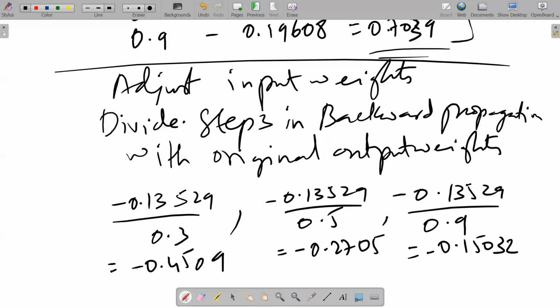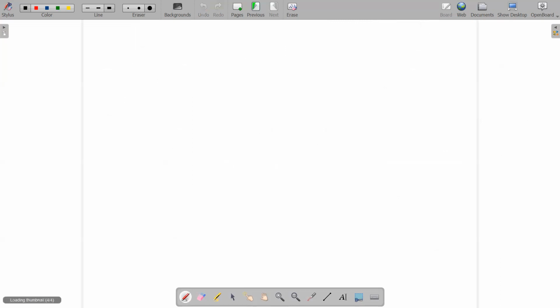So this is input weight adjustment. We'll start with step 3, which is the multiplication of error with sigmoid derivative, divided by actual output weights.